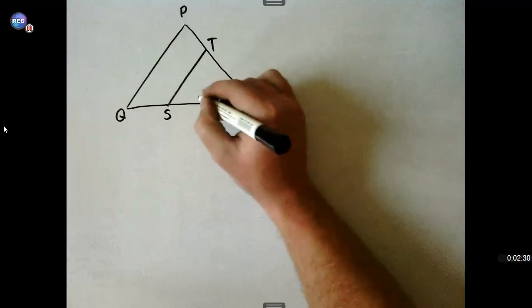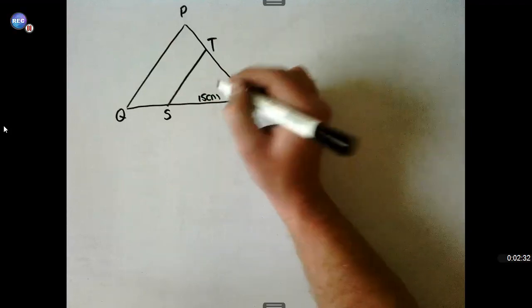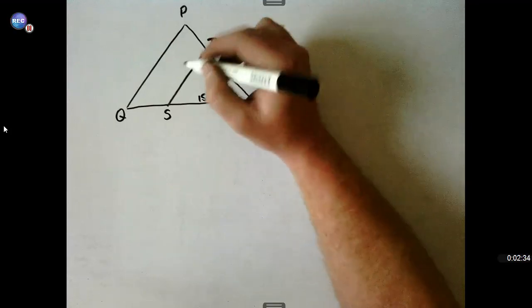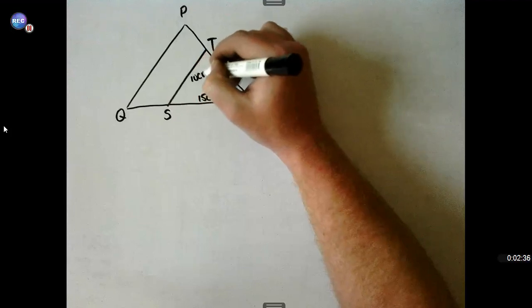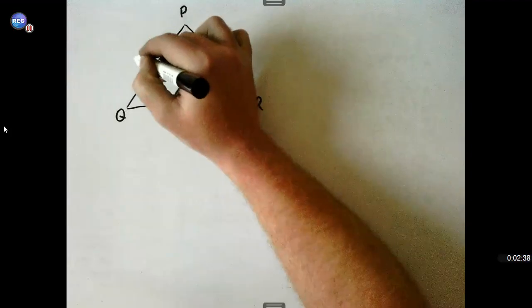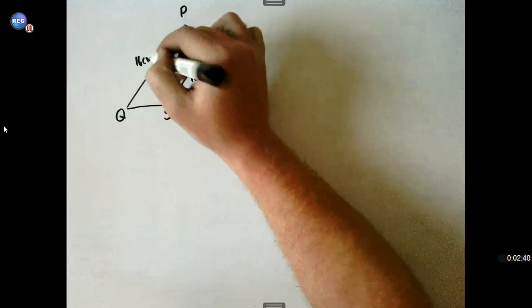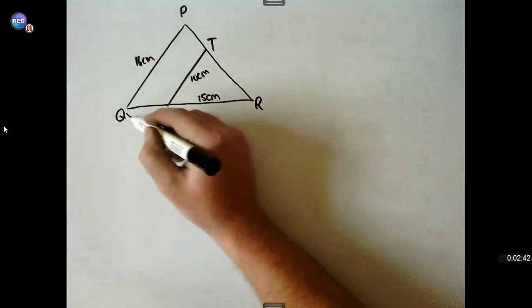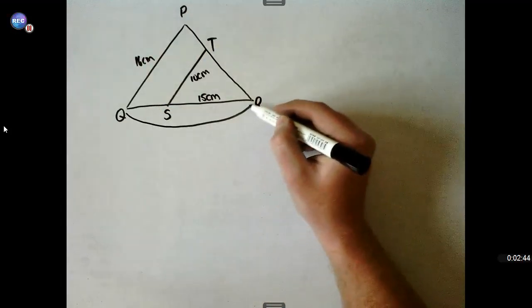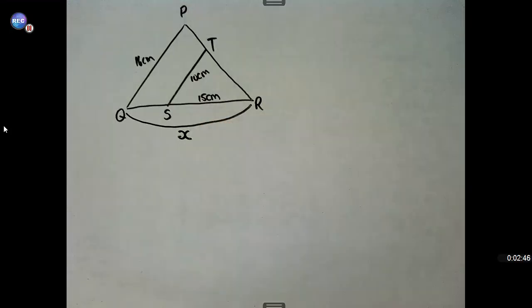Then we've got 15 centimeters, and then over here we've got 10 centimeters, and then on the outside there's 16, and then this entire side over here has a value of x.